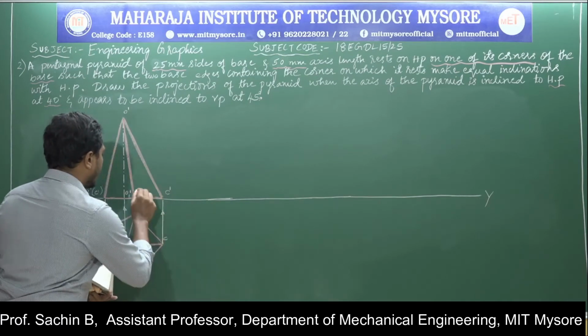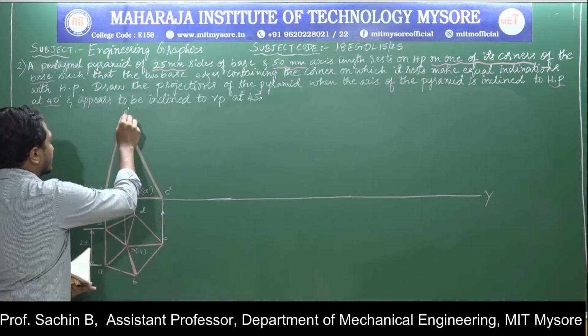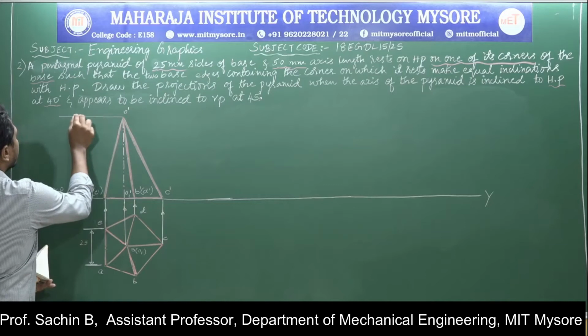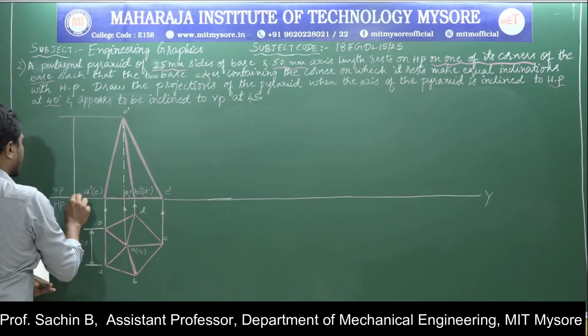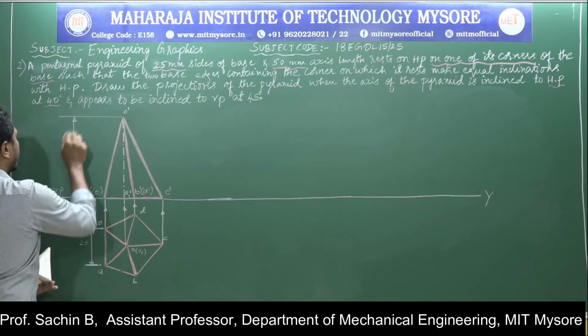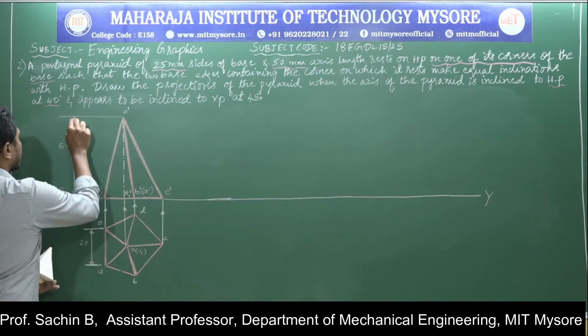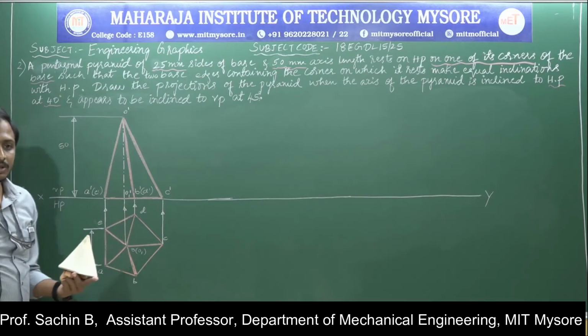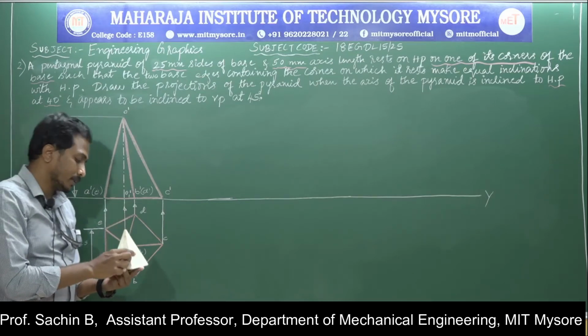This is C dash. Again B dash to D dash, because D dash is the slant edge. Next I'll show the dimension, the length of the axis, that is exactly 50 mm. This is my first position of the pentagonal pyramid.